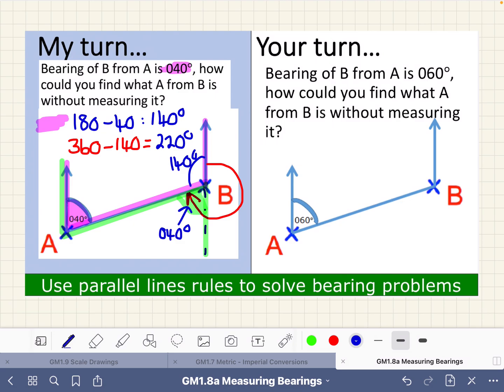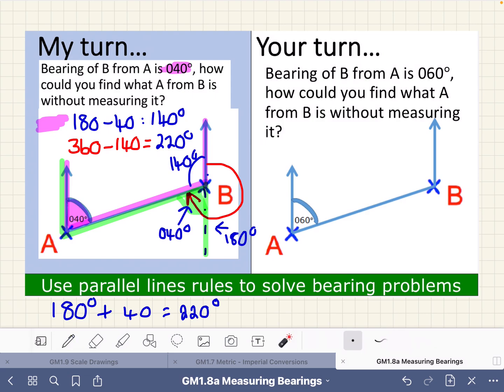We know angles on a straight line add up to 180 degrees. So we could also say 180 degrees add the 40 degrees gives us 220 degrees. So we have separated this journey out into 180 degrees to that point there and an extra 40 degrees there. Either option you can see will give you exactly the same answer of 220 degrees.